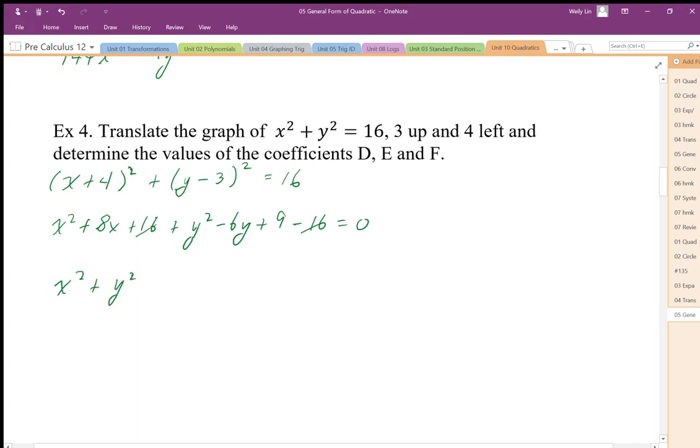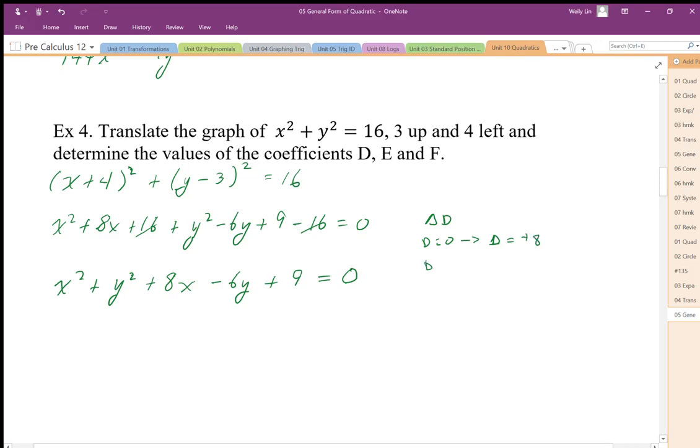So notice that the coefficients on a and c don't change. However, the d, e, and f do change. So the d value is plus 8x. The e value is minus 6y. And the f changes from -16 to plus 9, equals 0. So the change in d is going to be from d equals 0 to d equals positive 8.